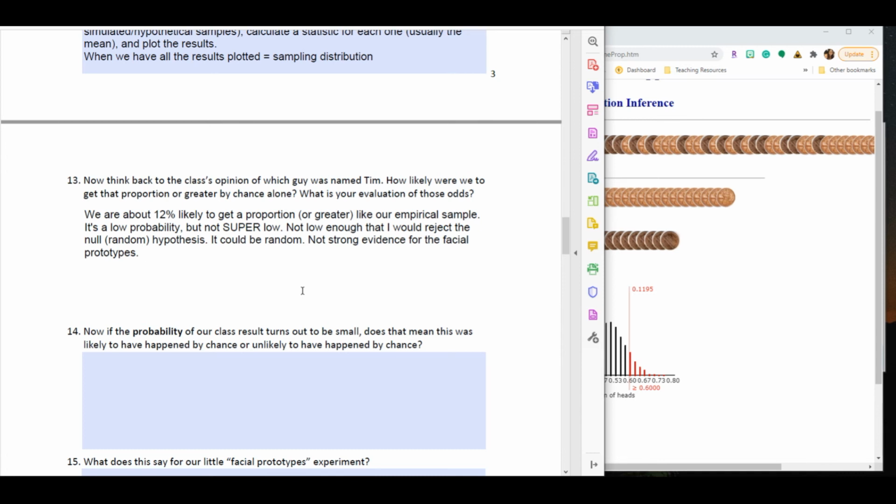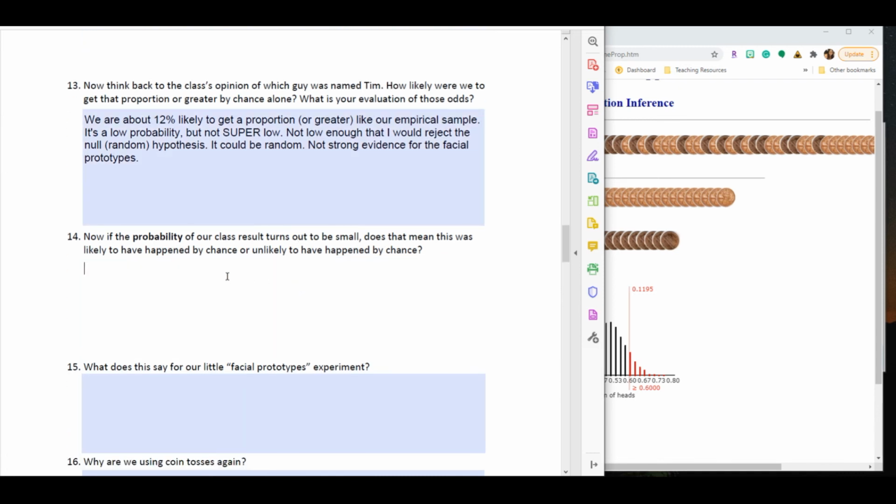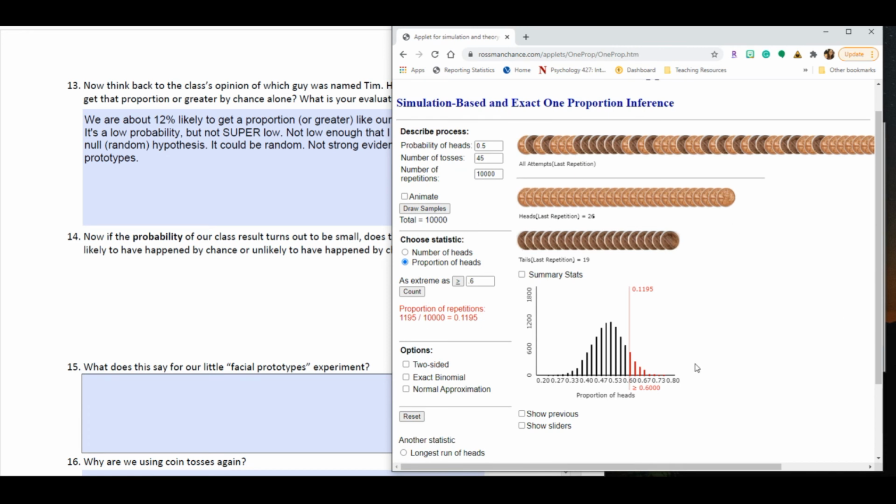Okay. Now, if the probability of our class result turns out to be really, really small, if instead of 12%, this was 2%, does that mean it's likely to have happened by chance or unlikely to have happened by chance? So keep in mind what we're seeing here. This is telling us how likely it is to happen by chance.